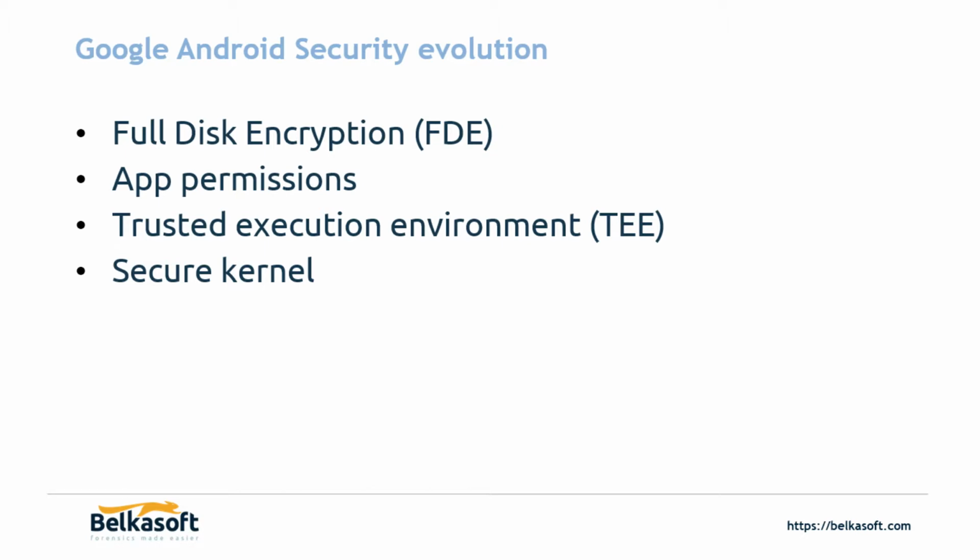With each Android version update, more and more security features such as app permissions, trusted execution environment, and secure kernel have been added to improve the security of the platform. At the same time, these functionalities of Android platform make the process of data extraction complicated and risky.